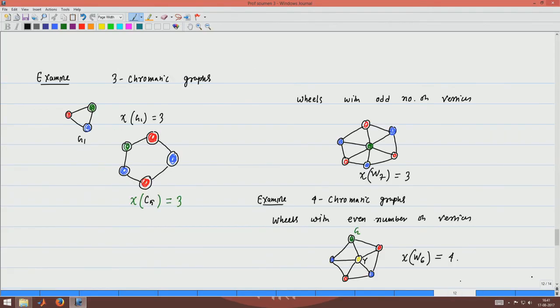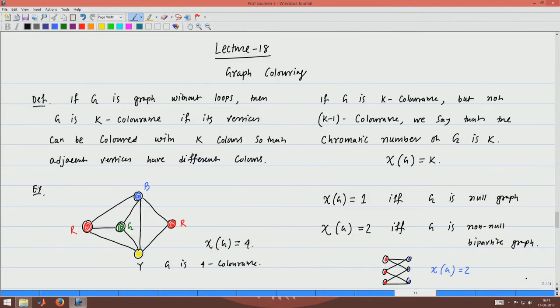If you can color this graph with 4 colors, then any subgraph of this graph you can color with 4 or less than 4 colors, which is quite obvious.